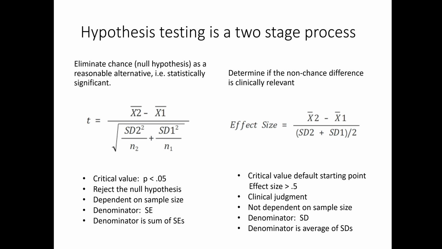In other words, we look at that t and see where it's placed in a distribution of no differences. Now, how can there be a distribution of no differences? I mean, it's zero, right? Well, no. There's a distribution because there's chance.